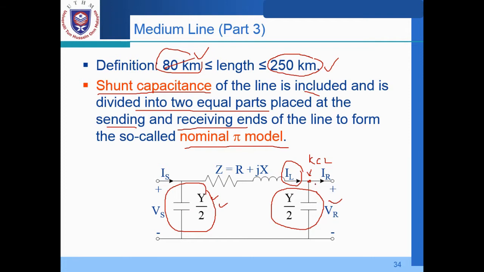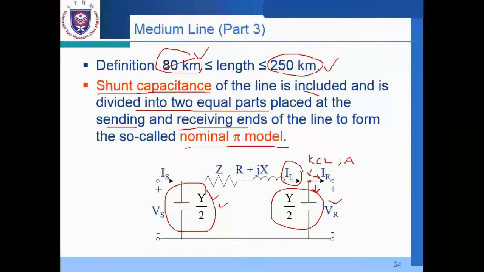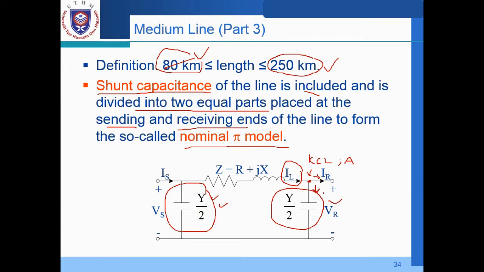So now we have seen two branches of I as the output of the IL at this branch. The KCL of node A, for example: one to the right and one downwards, to the bottom of the circuit. So we have IL equal to IR plus VR, so the Ohm's law, VR multiplied by Y over 2.